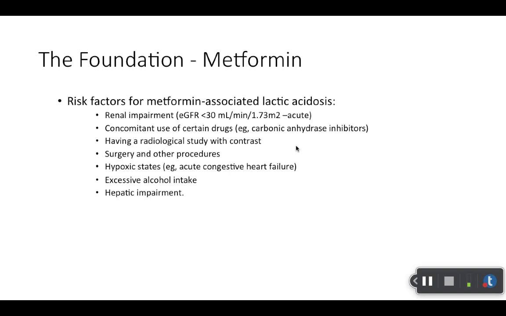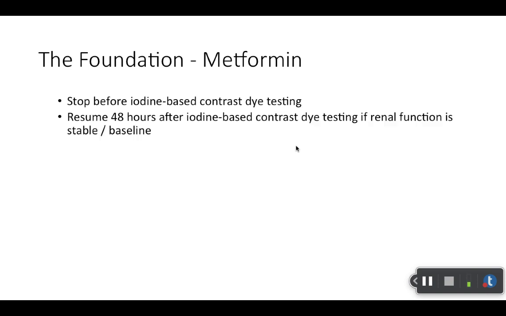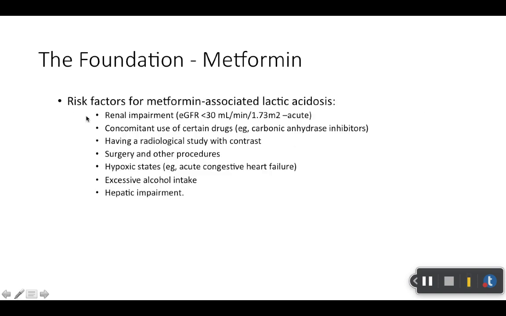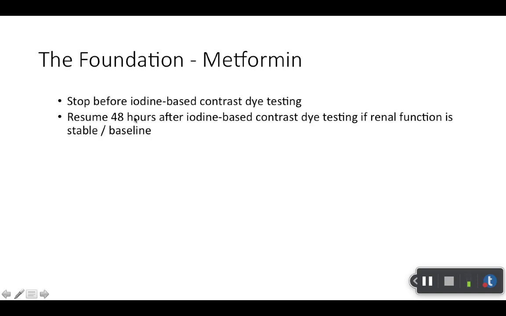Acetazolamide is an example of that type of drug. So please be mindful of that. Certain drugs can actually make this condition worse. And you'll notice here too, there is having a radiological study with contrast. So basically you have to stop before iodine-based contrast dye testing, and then you can resume safely 48 hours after if the renal function is okay.